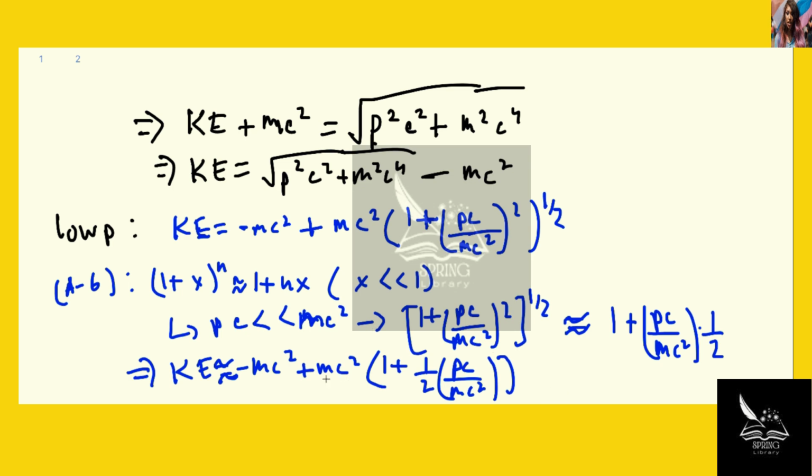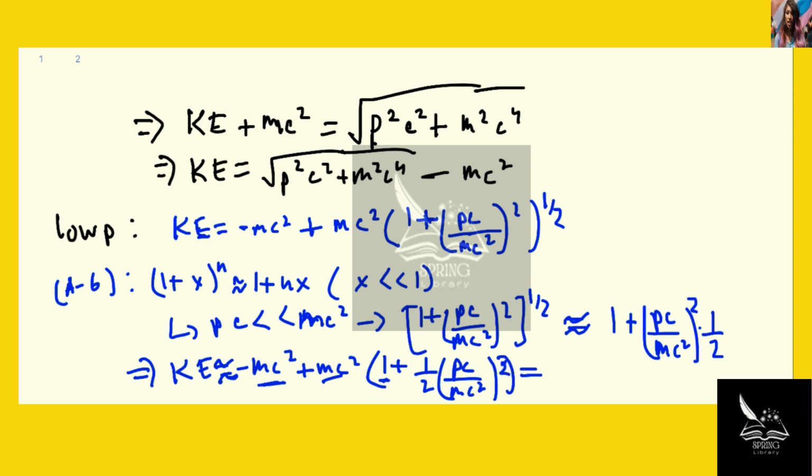And so you note that this mc² and this term cancel. Oh, also I forgot to write the square out here.